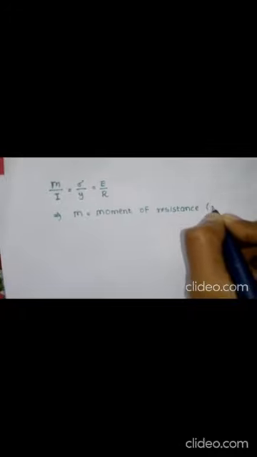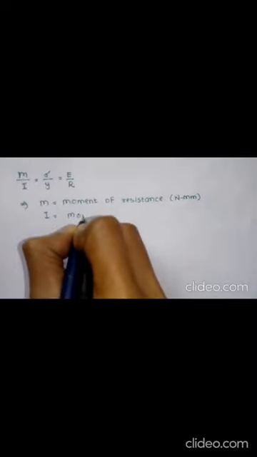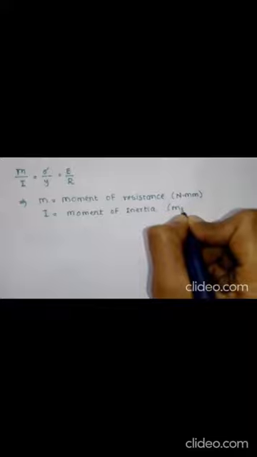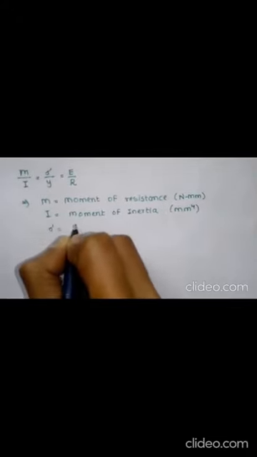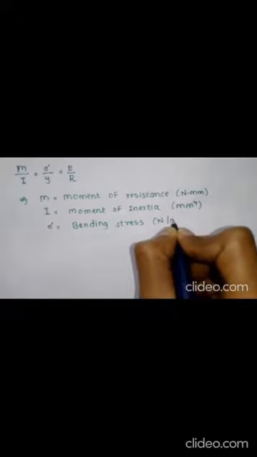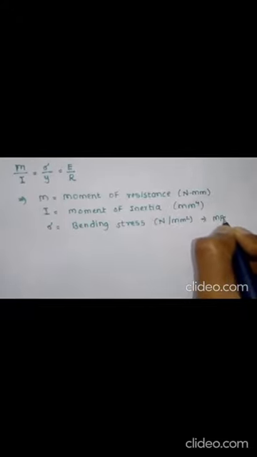The flexure equation is M upon I is equal to sigma upon Y is equal to E upon R, where M is the moment of resistance having unit as Newton mm, I is the moment of inertia having unit as mm to the power 4, sigma is the bending stress having unit as Newton per mm square, which is also called MPa.